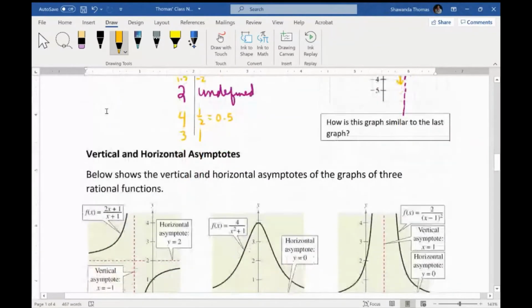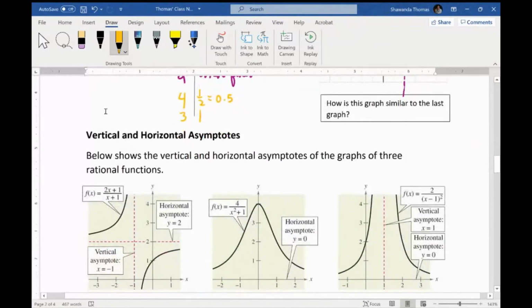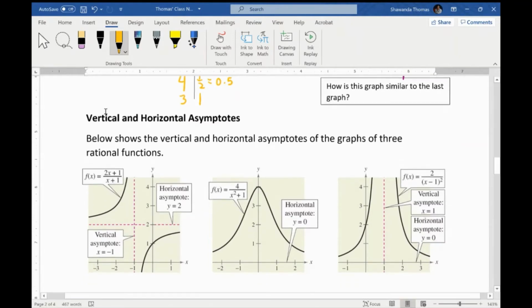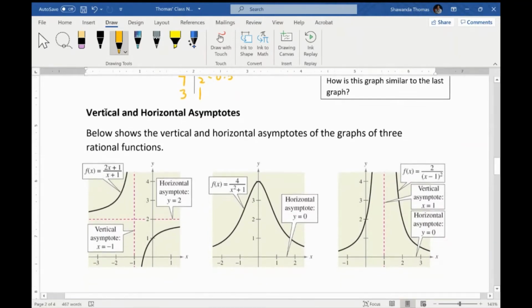Let's talk about what the meat and potatoes are for this section. Asymptotes. There are 3, but let's cover 2 for the next 15 minutes. That's vertical and horizontal asymptotes. Below shows the vertical and horizontal asymptotes of the graphs of 3 rational functions.